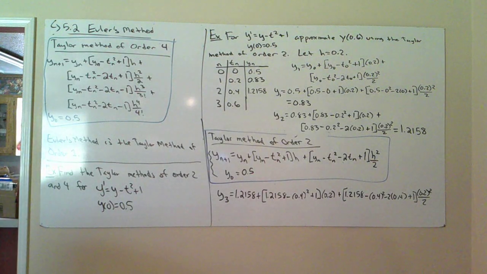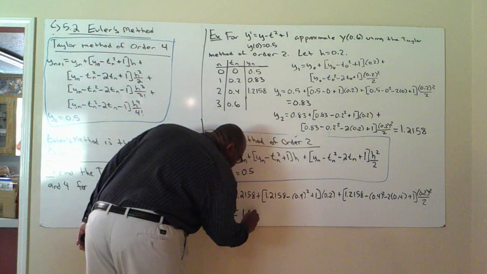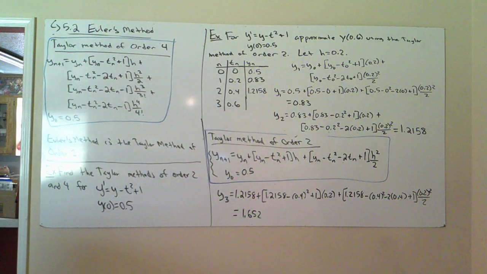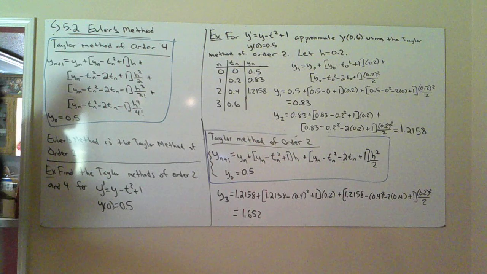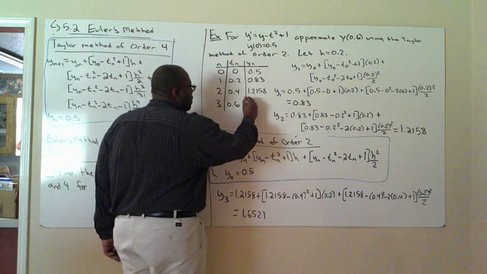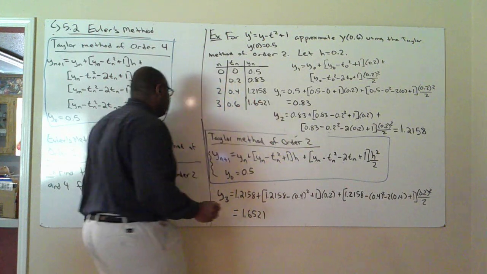And for that one, they get 1.652, keeping it to 4 decimal places, 1.6521.